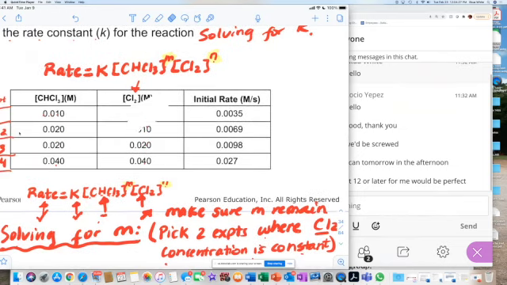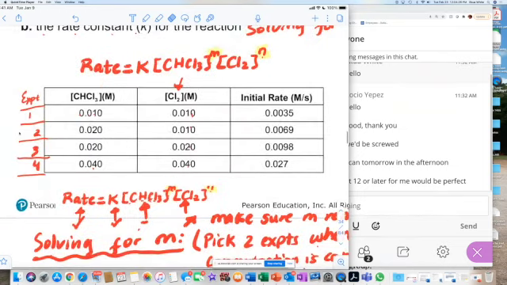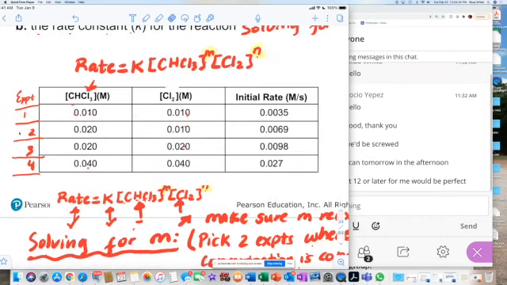So what do y'all think? Our focus is now on this. We already solved for this. Now we're trying to help this other one out, right? So which 2 experiments should we pick where the amount in the table of CHCl3 is not changing?